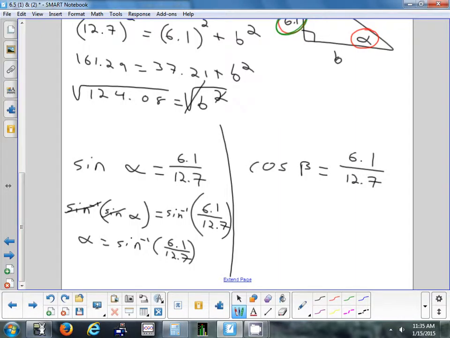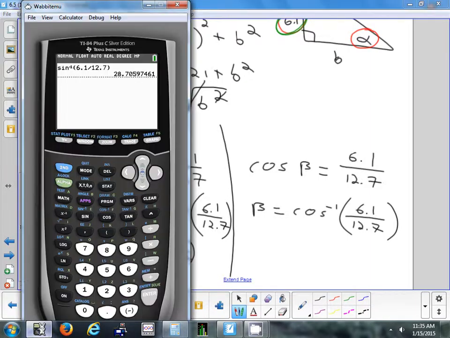This time, I'm not going to use inverse sine. Which trig function would I use on the equation on the right? Inverse cosine. So take the inverse cosine on both sides, and you'll end up with this. If you want to show the step in the middle doing that, that's fine, or you can go right to that step.